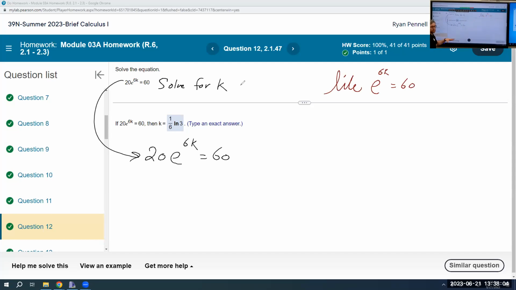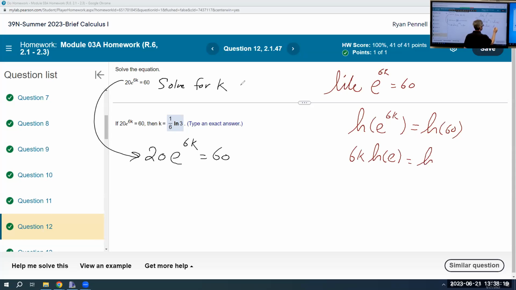We just did that problem, figured out how that worked. How did we do this? We took the natural logarithm of both sides. And that gave me 6k natural logarithm e equals natural logarithm 60. That goes to 1. k equals 1/6 ln 60. That's what we did in the previous problem.